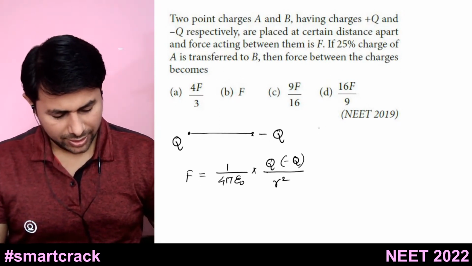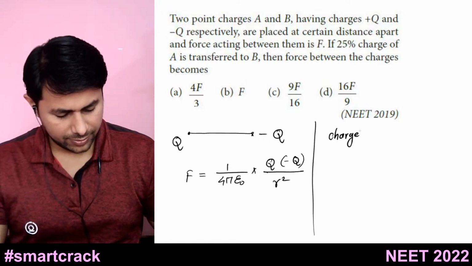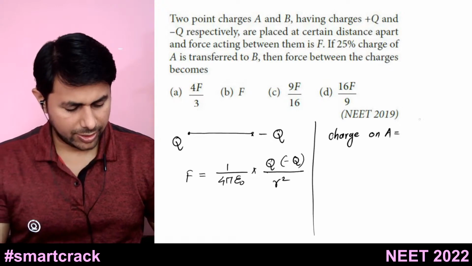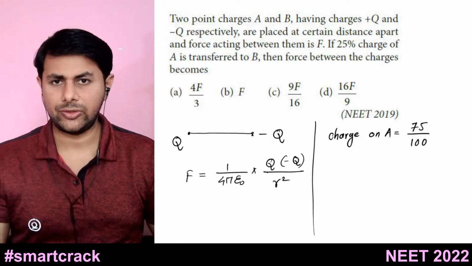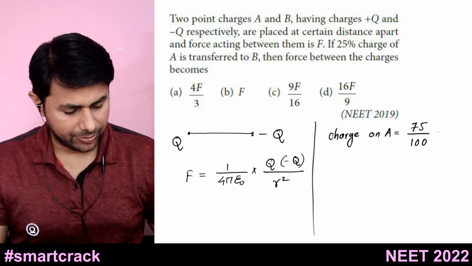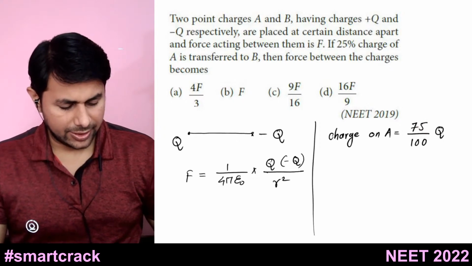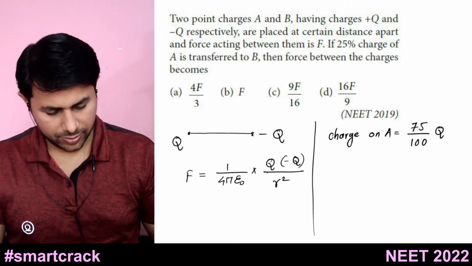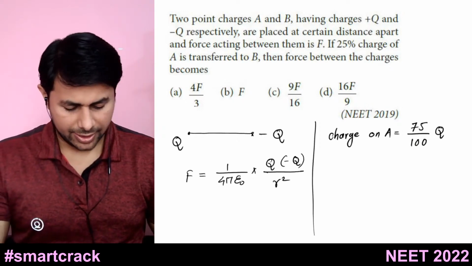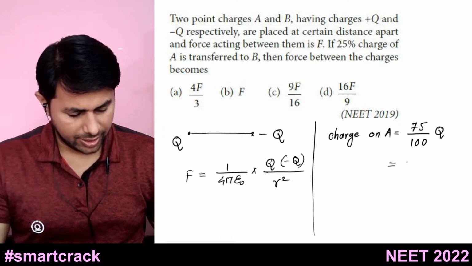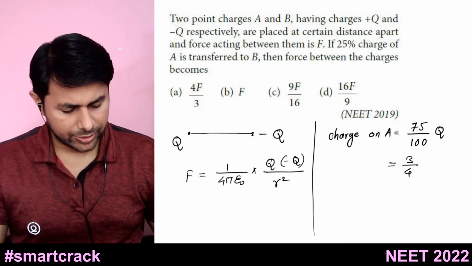So the charge on A and the charge on B become what? Charge on A equals 75 upon 100 of Q because we have transferred 25% of positive charge. So 75% of Q. We can divide by 25 the numerator and denominator, so we get 3 by 4 because 25 3s are 75 and 25 4s are 100.